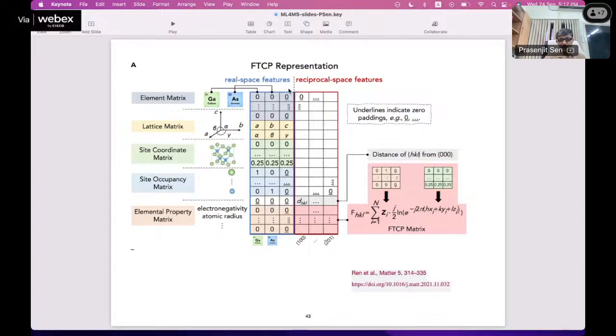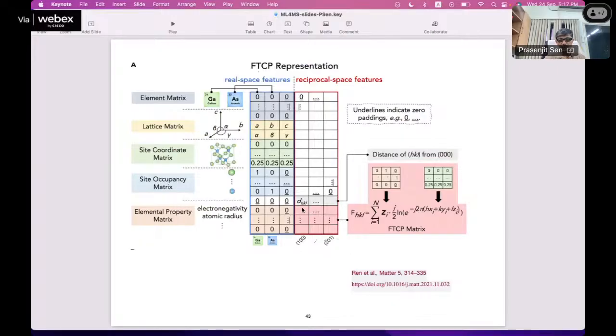These are all zero padded all the way here. The first non-zero thing appears in this row, which is the last row of the site occupancy matrix. And then the real useful quantities are contained here, corresponding to the block containing chemical properties of the elements.